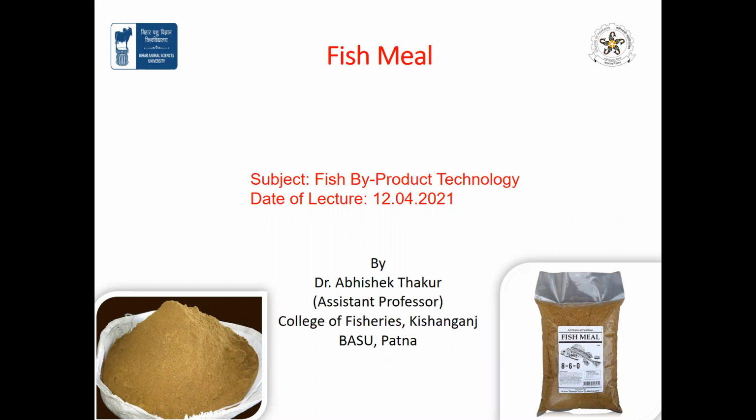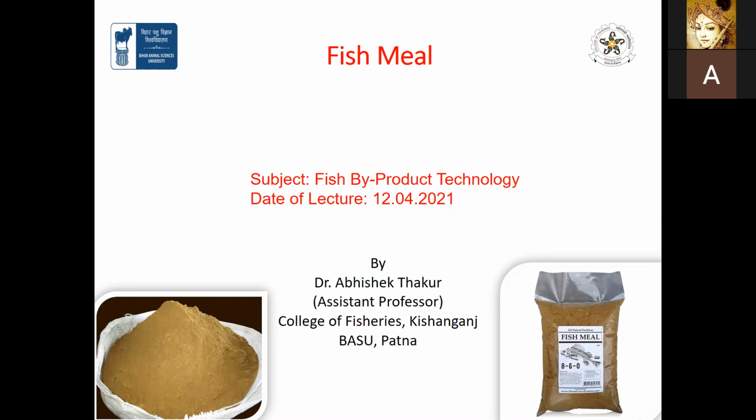Then fish protein concentrate, fish albumin, fish gelatin, pearl essence, peptones, amino acids, protamines, and fish skin, especially for leather manufacturing. So all these are byproducts that we generally prepare from the fish or fish waste.